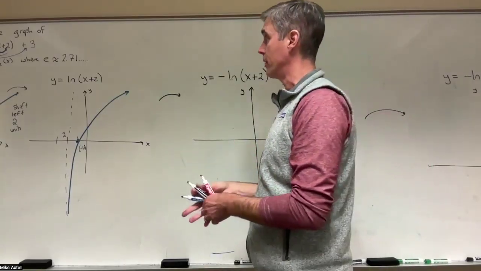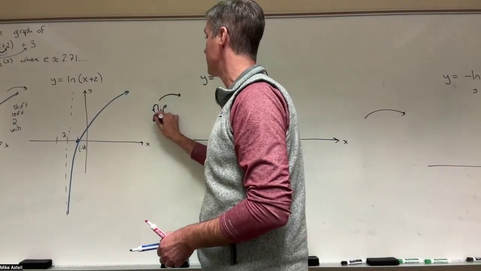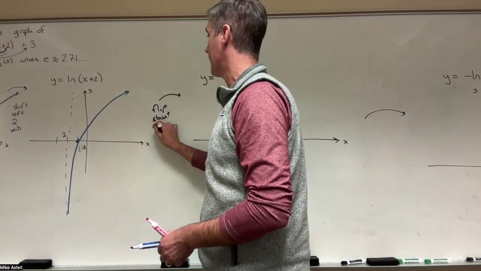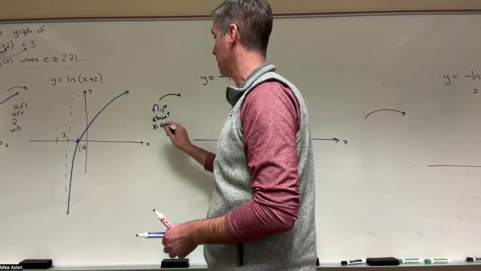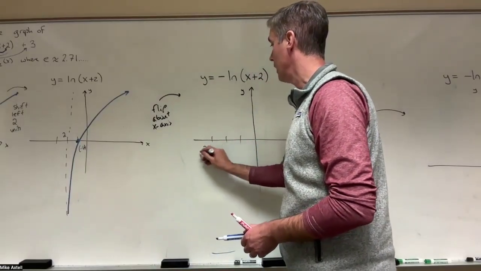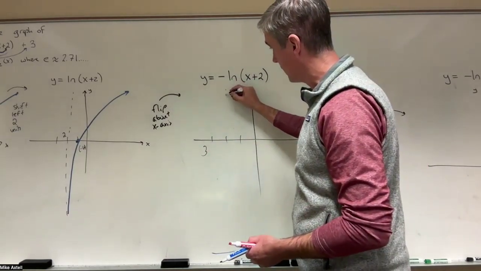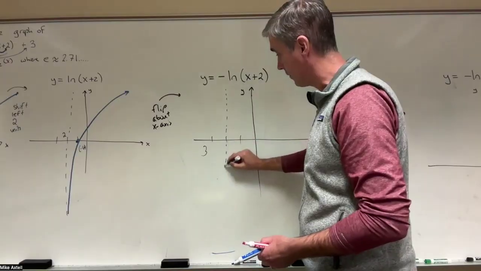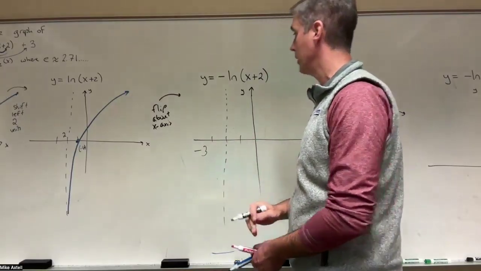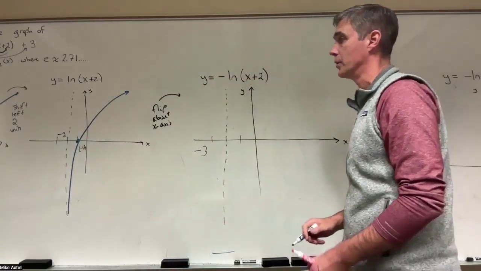So this graph transformation, putting a negative sign out there, means I'm going to flip about the x-axis. Okay. Right, so there's a 1, there's a 2, there's a 3. Flipping, so my vertical asymptote remains at x equals -2. It's -3. That was a -2. Holy cow, wheels are falling off.